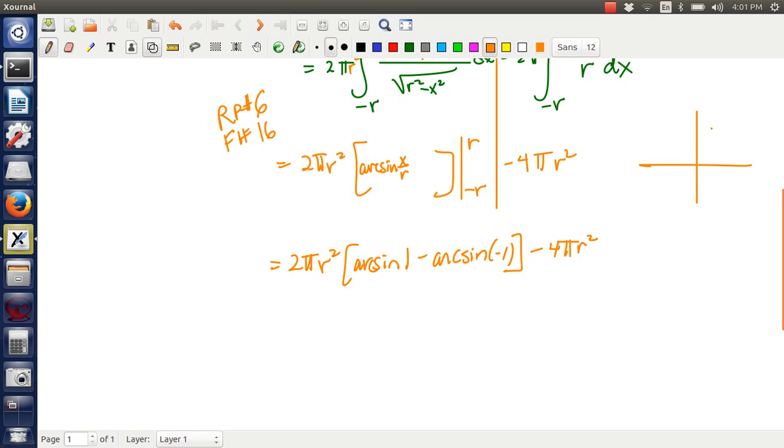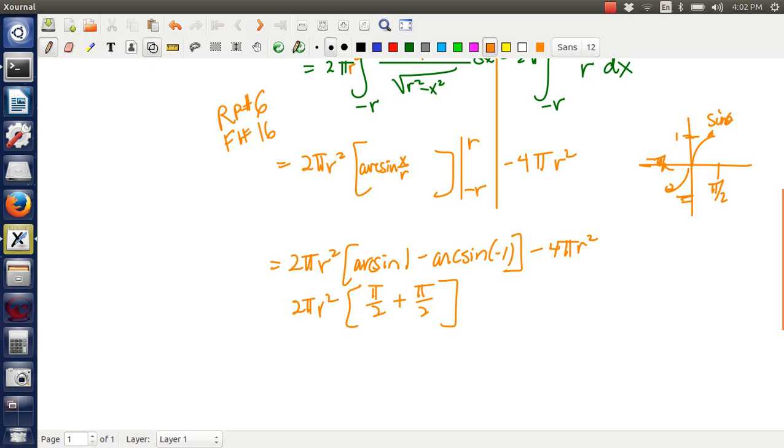Angle whose sine is 1. Let's remember what it looks like to be arc sine. Here's what sine of theta looks like. So when sine is 1, we're at pi over 2. When sine is negative 1, we're at negative pi over 2. So this is going to be pi over 2 minus negative pi over 2. So sure enough, we got 2 of the same thing.